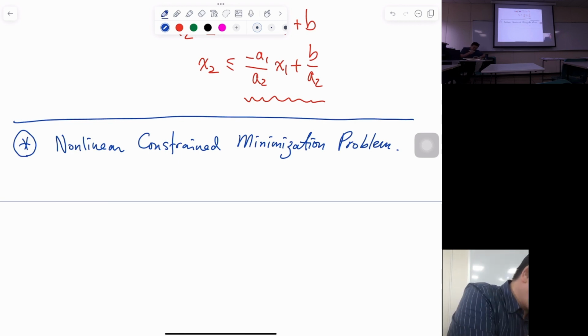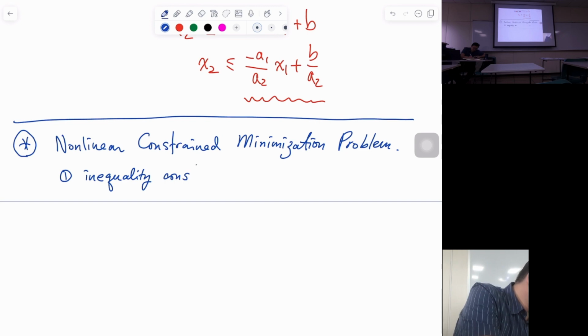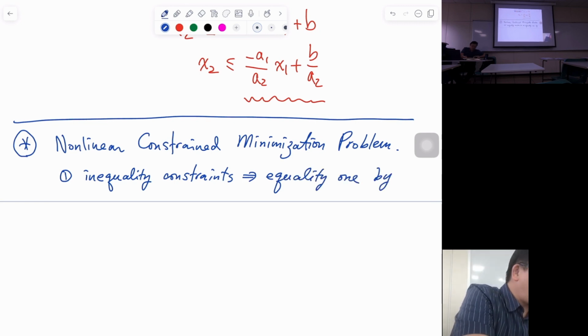Okay, so we already learned several tricks. First, if you have inequality, you can convert them to equality by slack variables and surplus variables.